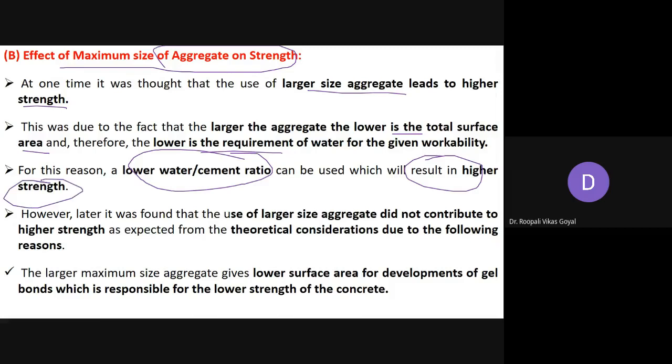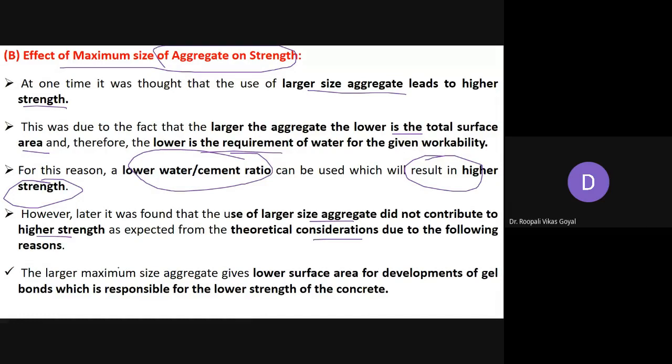However, later based on some investigations and experiments, it was found that use of large size aggregate did not contribute to higher strength. If you use a larger aggregate size, it does not contribute much strength, as was earlier expected from the theoretical consideration. But what was the reason?